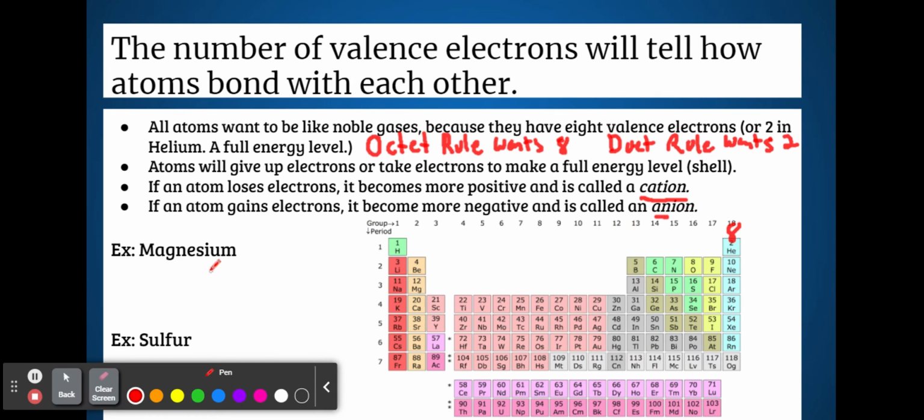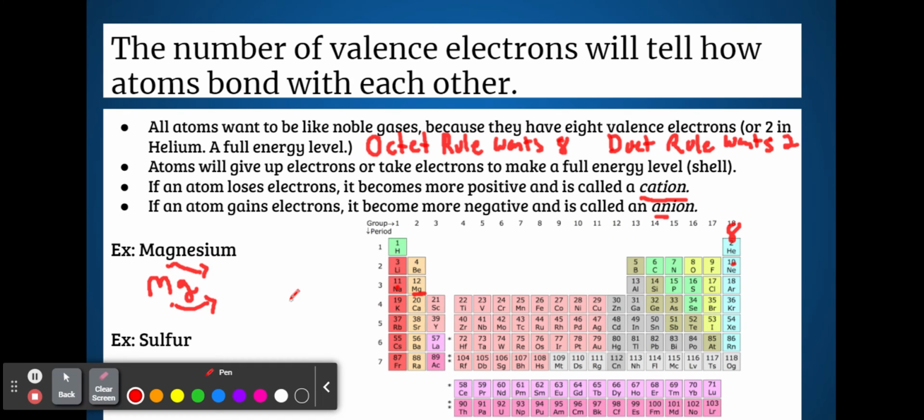So if I take a look here at magnesium, here's the Lewis structure, or Lewis dot diagram for magnesium again. It has 2, and here's magnesium on the periodic table. You'll notice that magnesium can lose 1, 2 to become like neon. So magnesium is going to lose those 2 electrons.